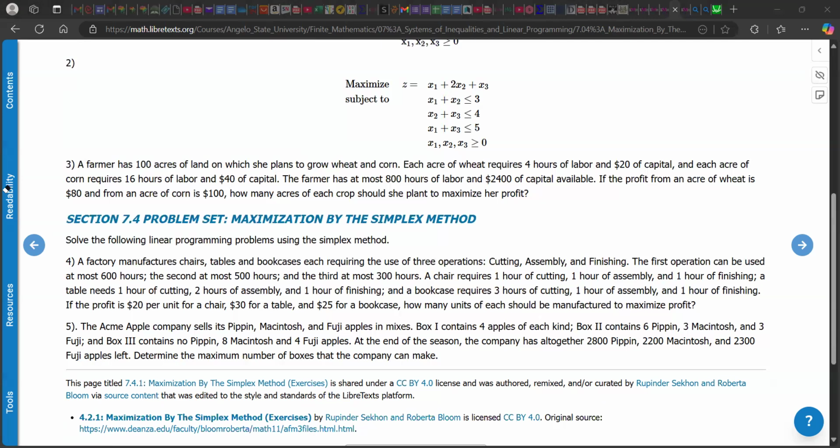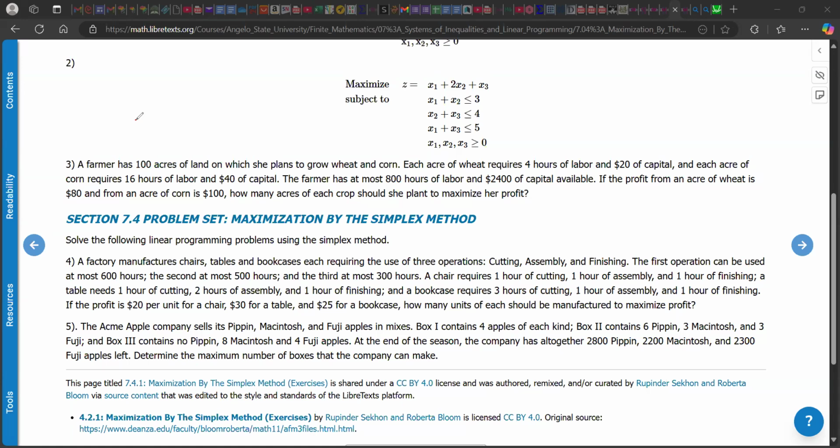A factory manufactures chairs, tables, bookcases, and they use 3 operations: cutting, assembly, finishing. So there are some constraints on each, the amount of time that you can spend on each operation. Mention is made that the first operation, cutting, can't exceed 600 hours.